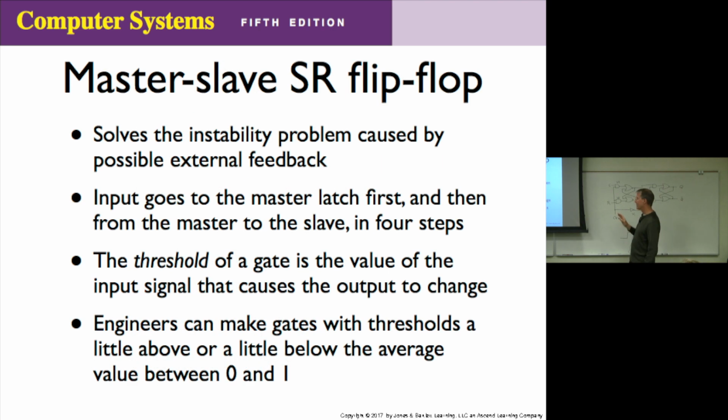Now this is going to be a bit of an involved explanation, but it's a really important concept. So here's the concept behind the master-slave flip-flop. The reason it's called the master-slave flip-flop is because the master tells the slave what to do.